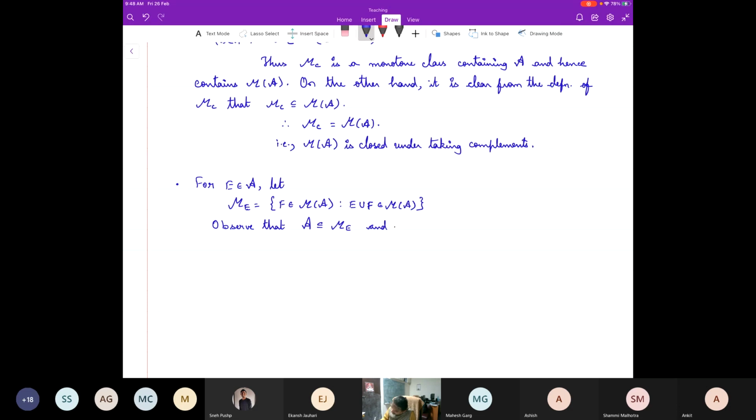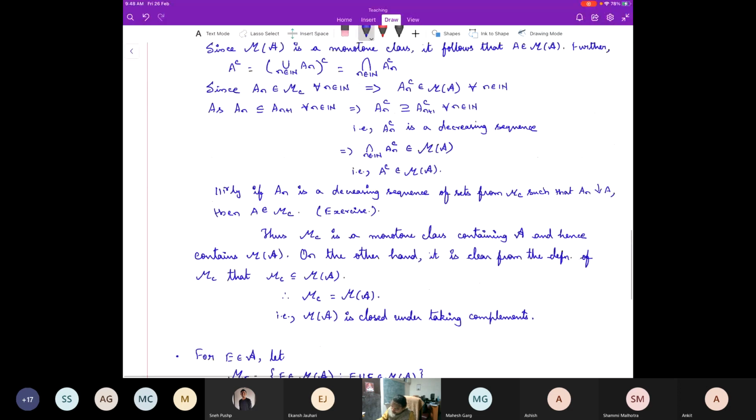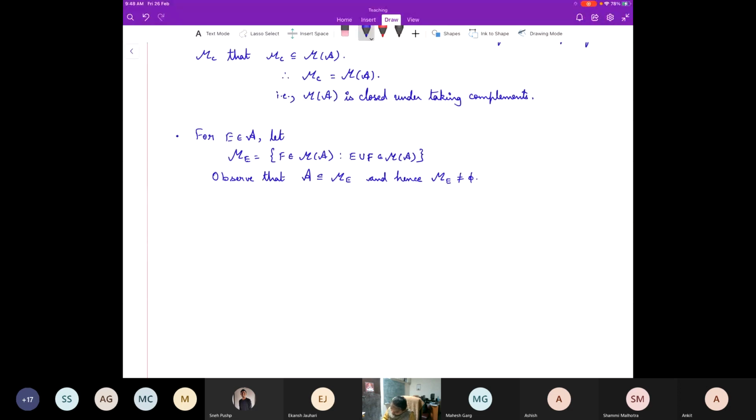And hence M_E is a non-empty collection. Second thing. What was the second thing that we observed there? Well, this M_E is a monotone class.